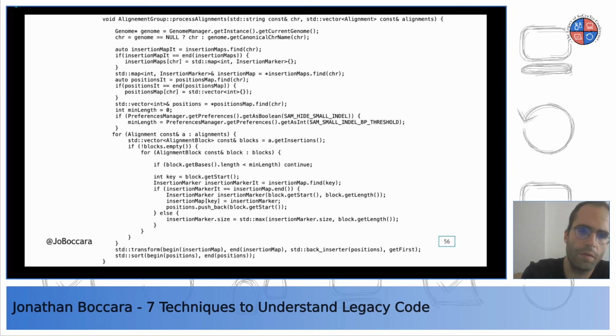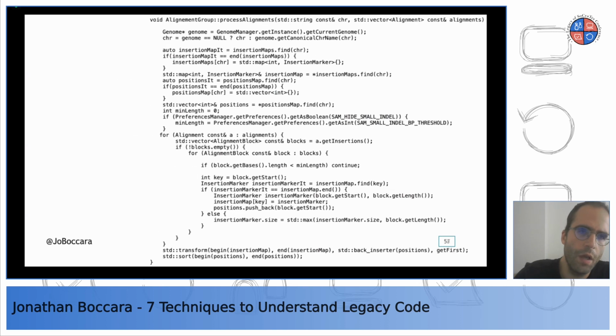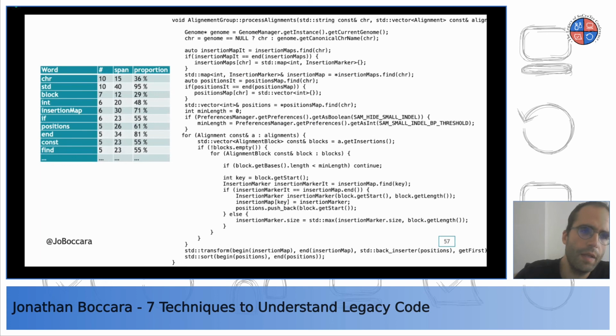Let's apply the second technique, which was counting words. So we launch a word count, and we do see that insertion map and positions are in the top ranking words, knowing that the list goes down a long way, which confirms our first impression. But there are words that appear even more, like CHR.